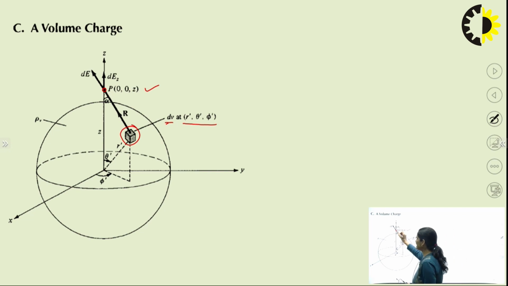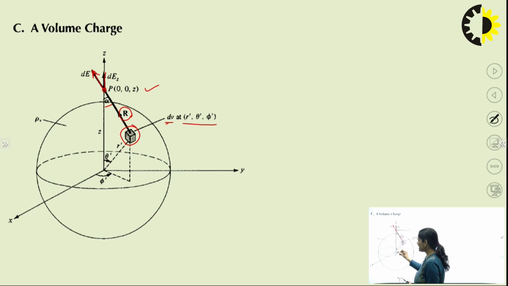Find out the electric field intensity in this direction, that is represented as dE, here dEz on this z-axis. Now this is the radius between this differential volume and this point P, represented as capital R. The angle between this line and this z-axis is represented by alpha.